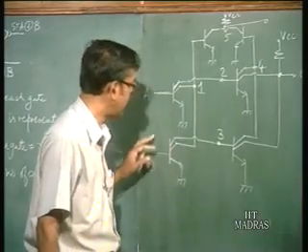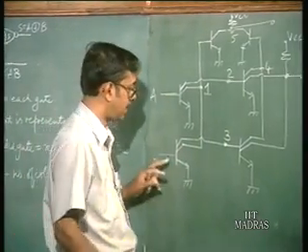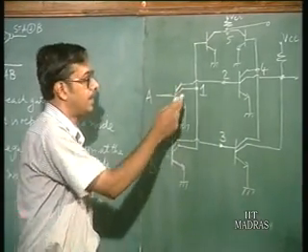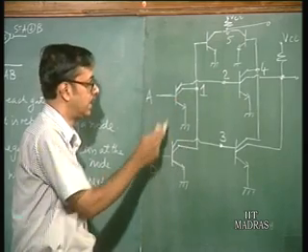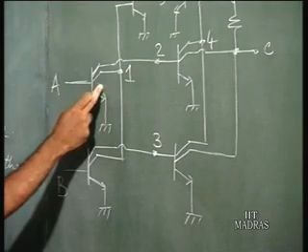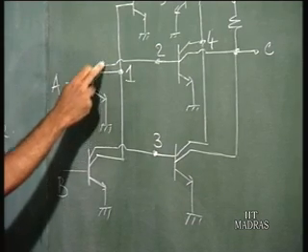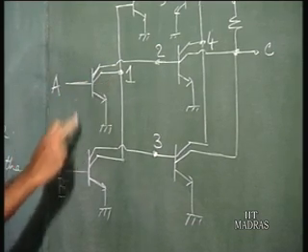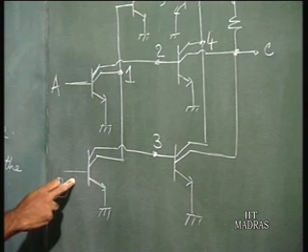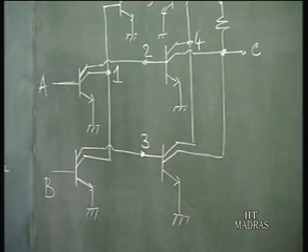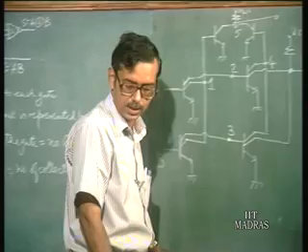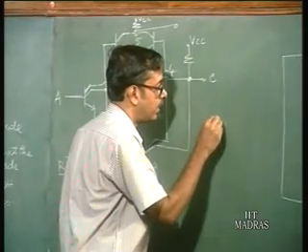If you look at each transistor now, say you have one transistor here with input A. This is a transistor with 2 collectors. This transistor with input B is also a transistor with 2 collectors. So, you can draw it like this.